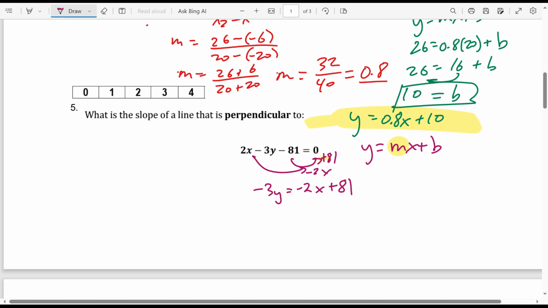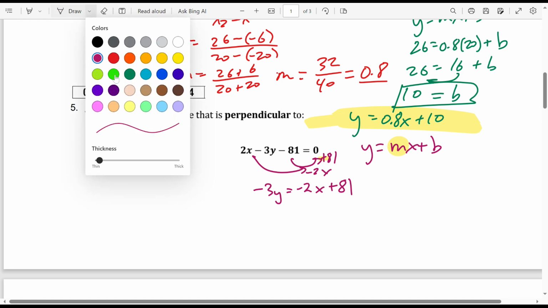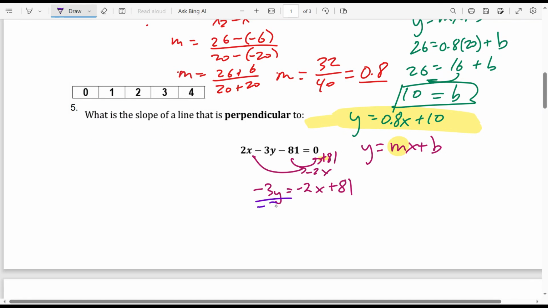So really at the end of this, and this is why I like fractions. You ask, why do I prefer fractions? Because I find this easier. I'll be dividing everything by negative 3. But what's my focus? My focus is what's in front of this guy here, because I want slope.